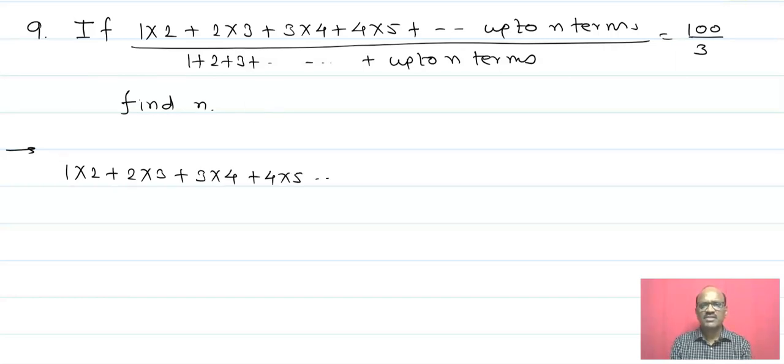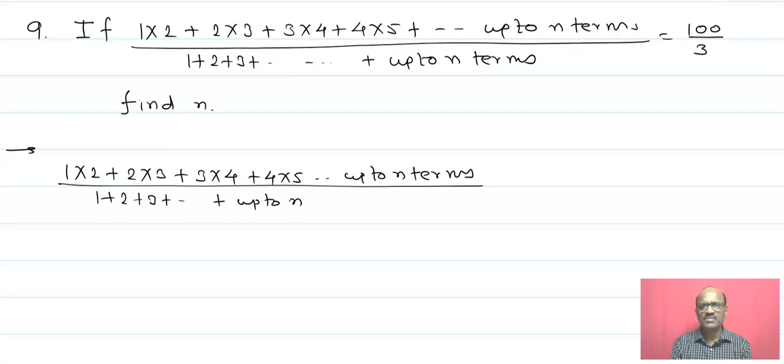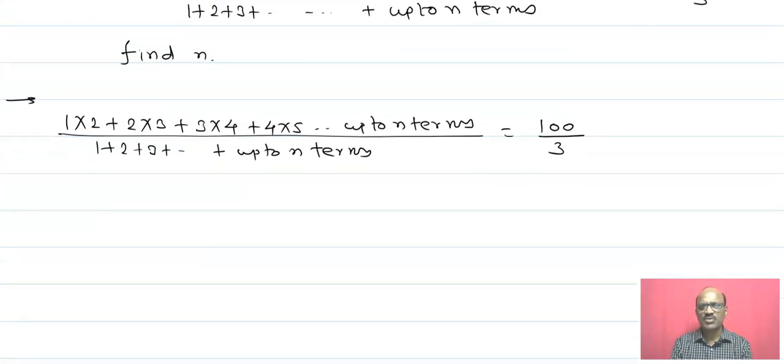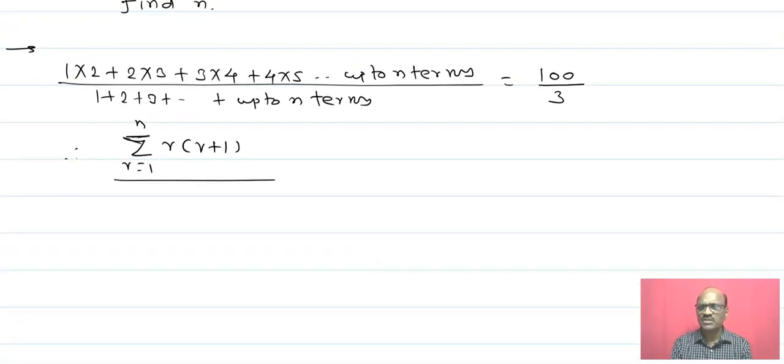Now see this very simple problem, that is 1 into 2 plus 2 into 3 plus 3 into 4 plus 4 into 5 up to the n terms in the numerator, and in the denominator 1 plus 2 plus 3 up to the n terms, upon 100 upon 3. Now in the numerator we have summation r is equal to 1 to n, the terms are r into bracket r plus 1, and the denominator is again very simple, the sum of r for r is equal to 1 to n.